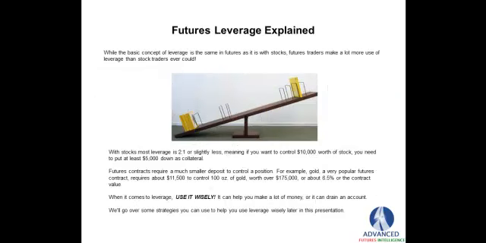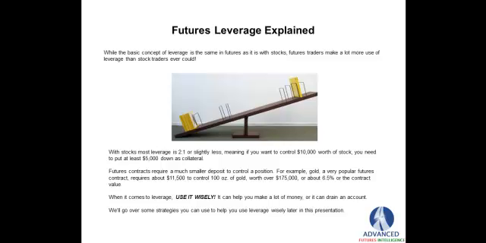So let's talk about this leverage a little bit more, and I want to explain exactly how it works. The basic concept of leverage is the same in futures as it is with stocks. Futures traders, though, make a lot more use of leverage than a stock trader ever could. With stocks, most leverage is 2 to 1 or slightly less, meaning if you wanted to control $10,000 worth of stock, you'd need to put up about $5,000 in collateral.